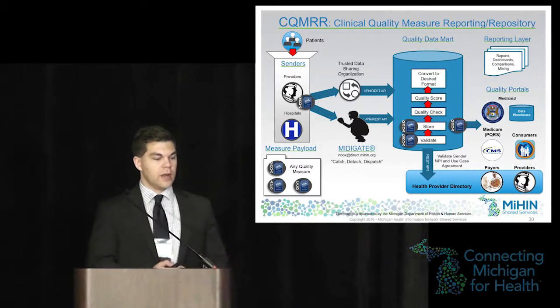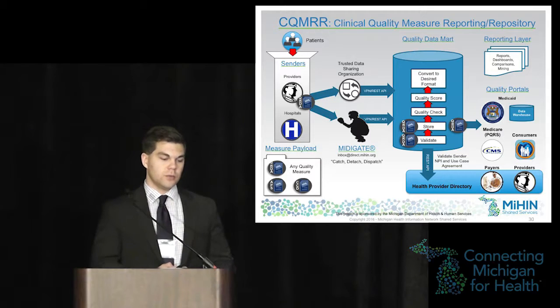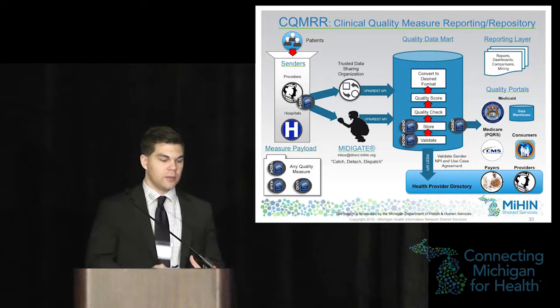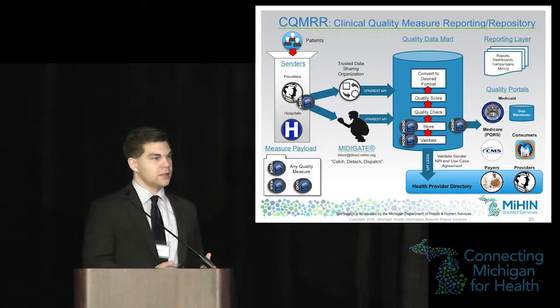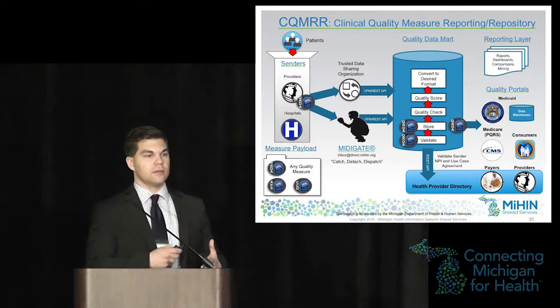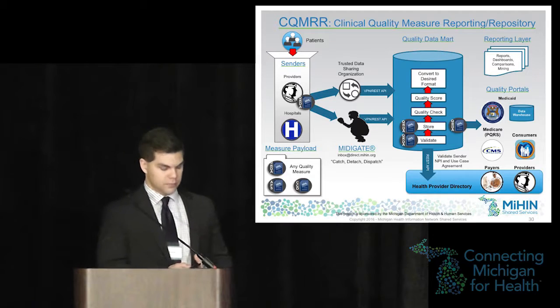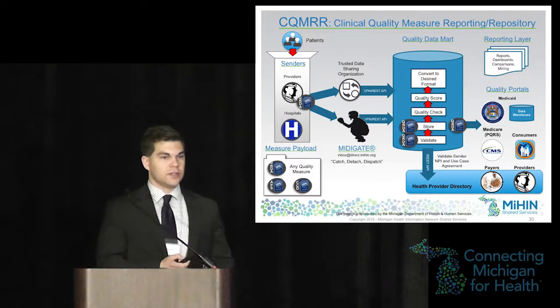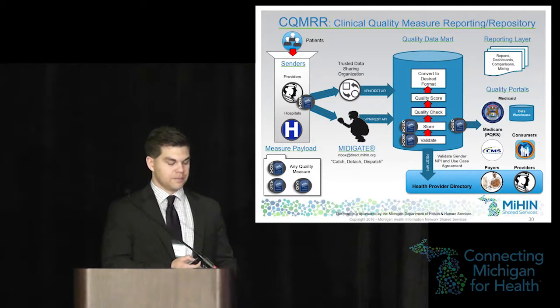Once they're ready to be formally submitted, we can then send them along to the data warehouse for the state Medicaid program. We can send it to PQRS at the national level, and other destinations that are designated by the provider. And Jason Werner will speak more on this soon.